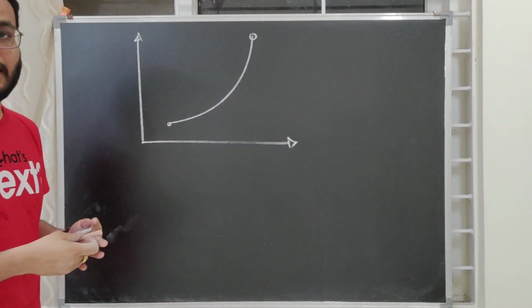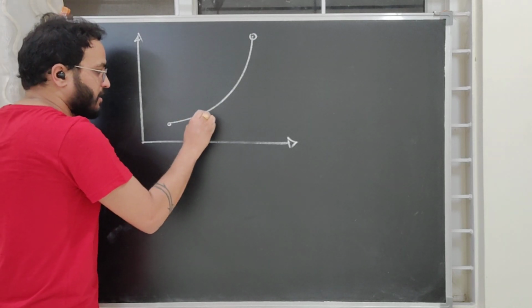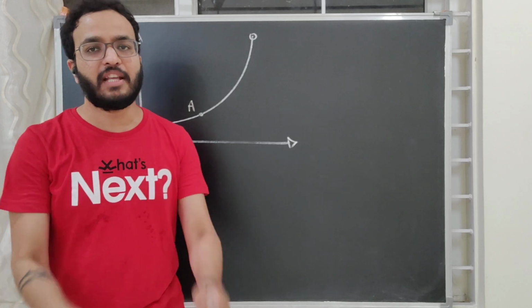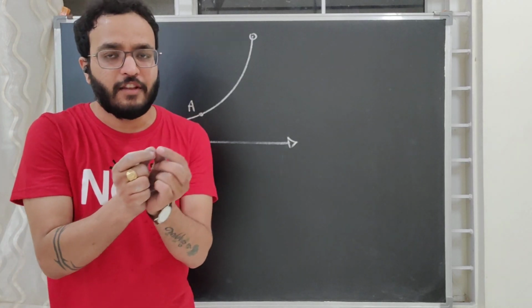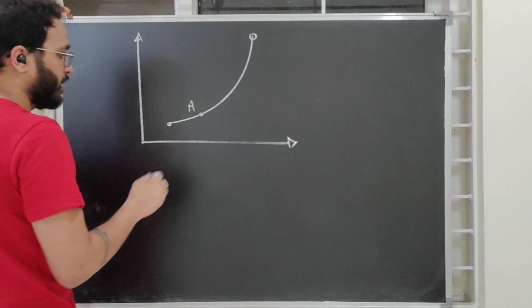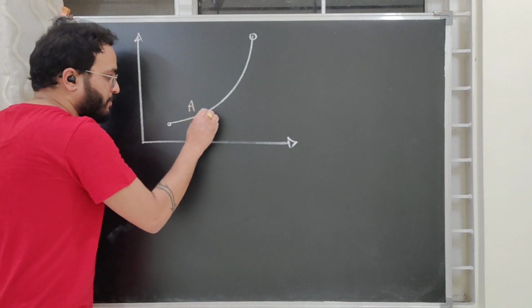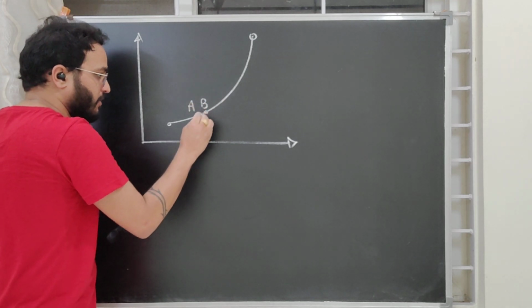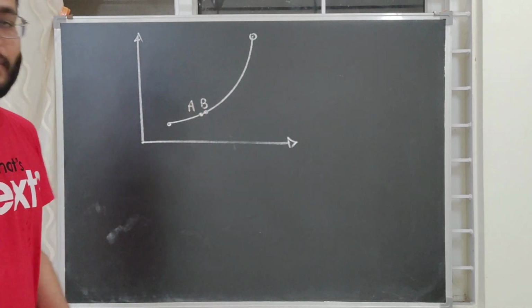Let's say this is point A. Now what I'm going to do is bring the point B very close to A. So I'm going to bring the point B here. Can you see that? So this is point A, and this is point B.